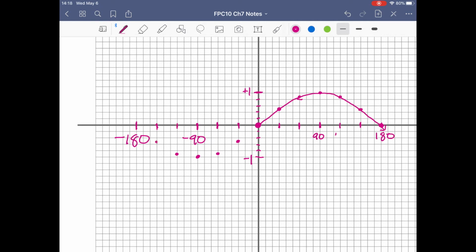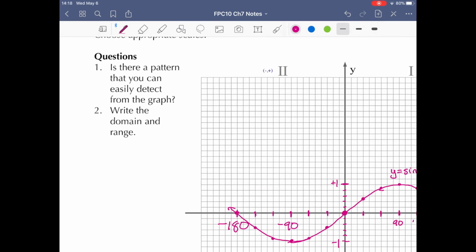Then back to negative 0.5, then back to 0. It's going to make this smooth curve here. And there's our graph of y equals sine x. Remember, the real point of this is that you should be able to take any function, build a table of values for it, and graph it.